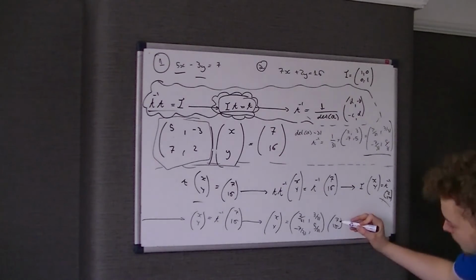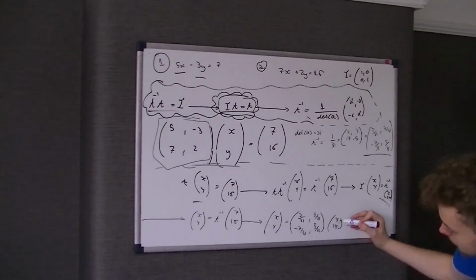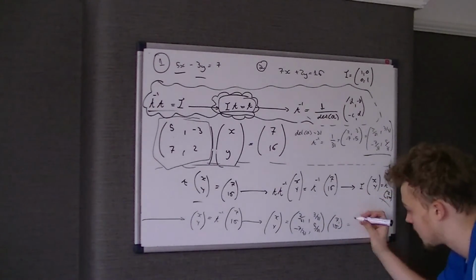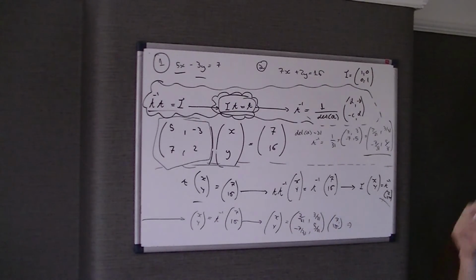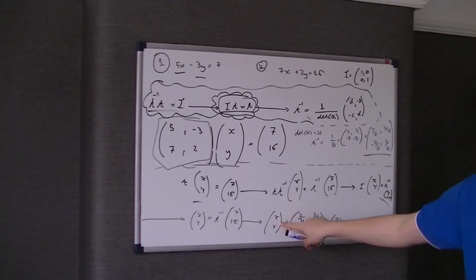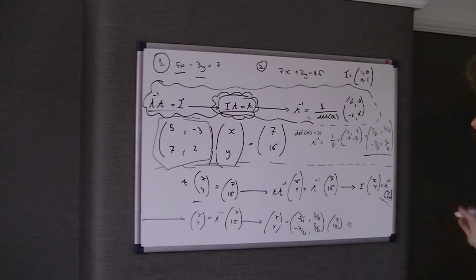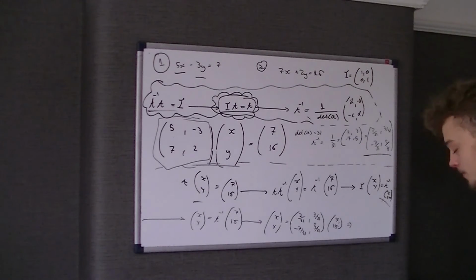Okay, so basically you might want to split this up because x is the first, so x is equal to column 1 times row 1 and y is equal to column 1 times row 2.